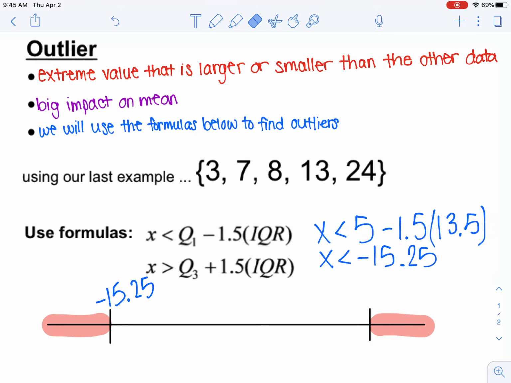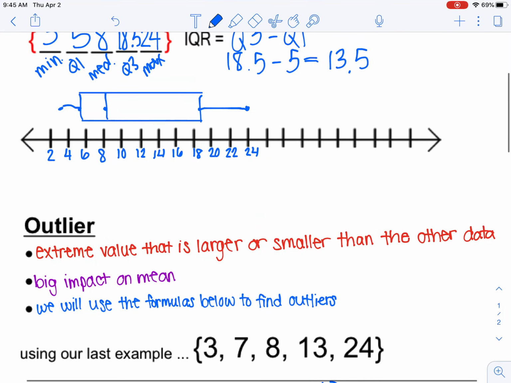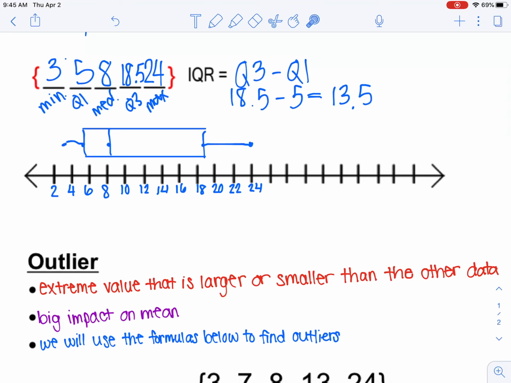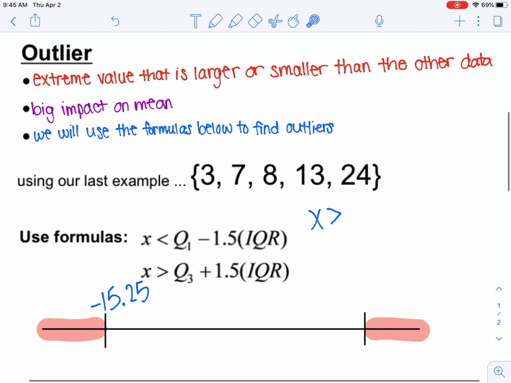So now let's do the same thing for the second formula. So this time we're going to say x is greater than Q3. Take a look up here. Our Q3 was 18.5, and again our interquartile range is 13.5.